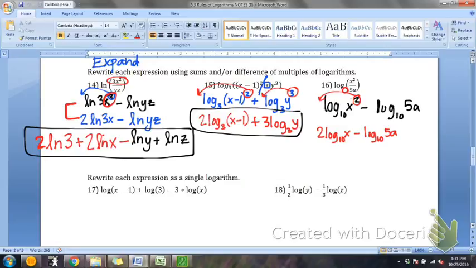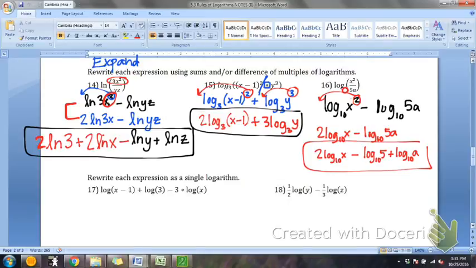Log base 10 of 5 plus log base 10 of a. Perfect. Multiplication turns into addition. And I have 2 log 10 of x. Excellent. Questions on this?